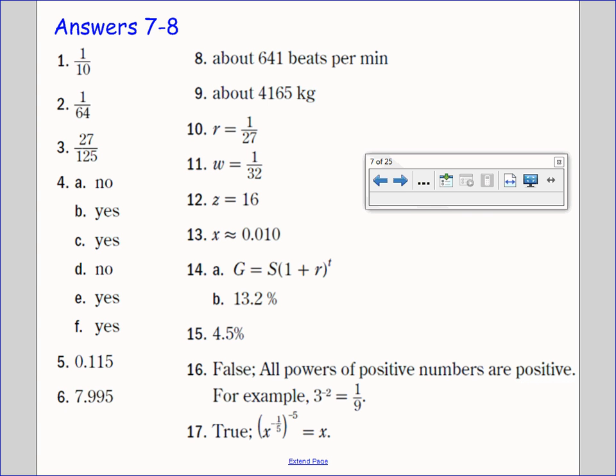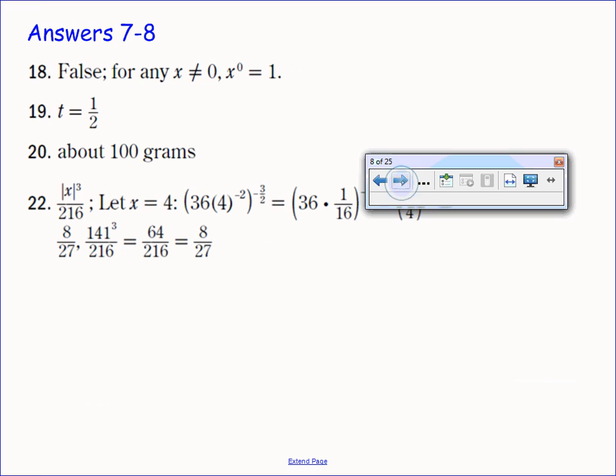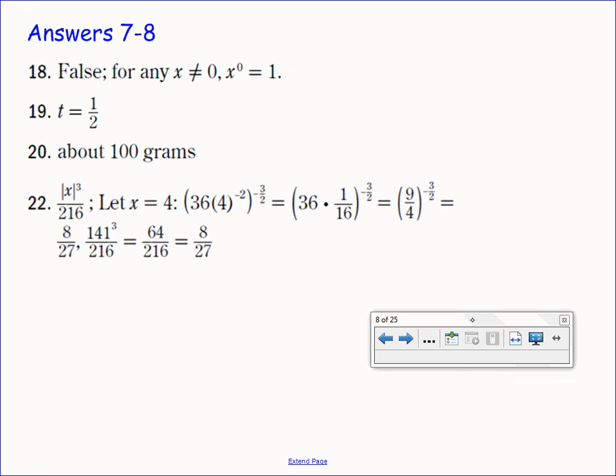And the last part of 7/8. You guys ready? Yep. Not quite the last part.